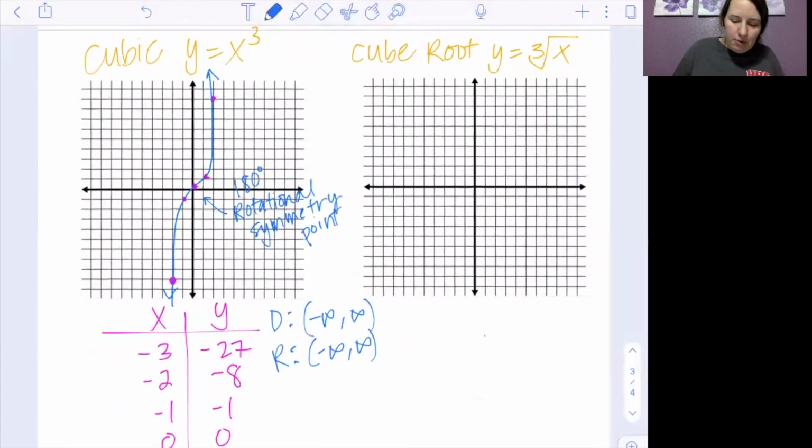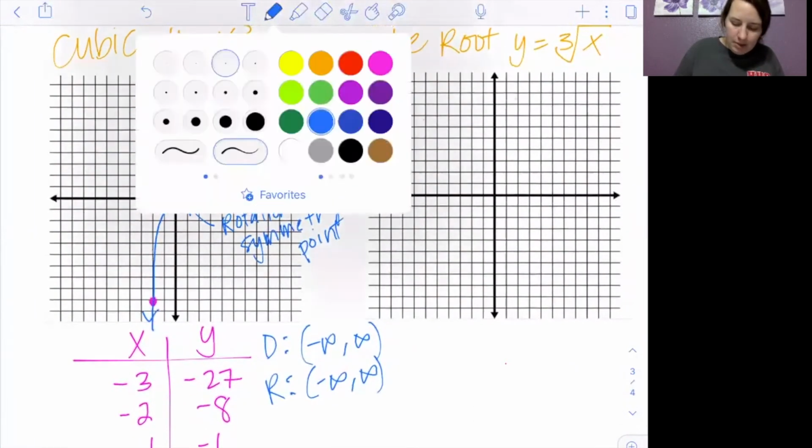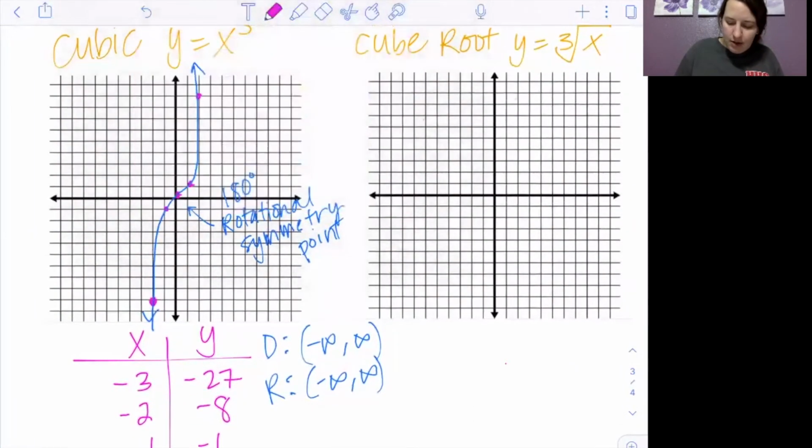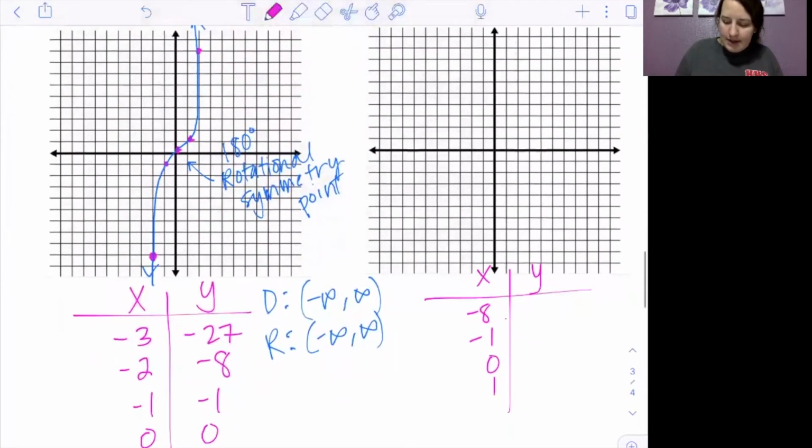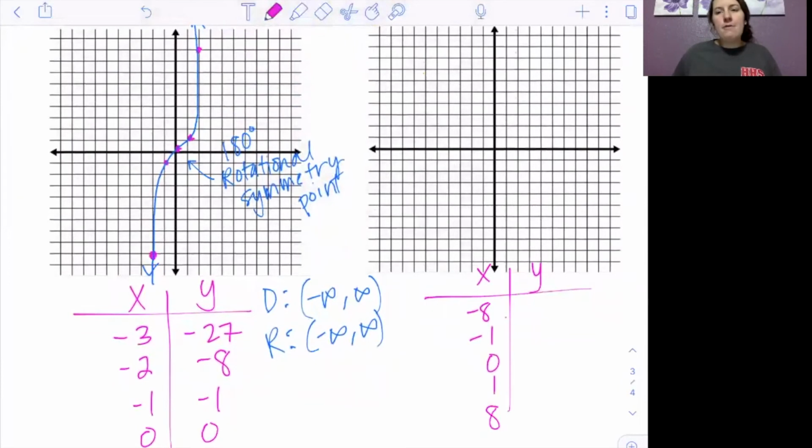Okay, so for cube root, I'm going to put some numbers that I know work nicely over here. We're going to take the cube root of -8, -1, 0, 1, and 8. Now, if you recall, for square root, we could not take the square root of a negative number because no number multiplied by itself will give you a negative value.